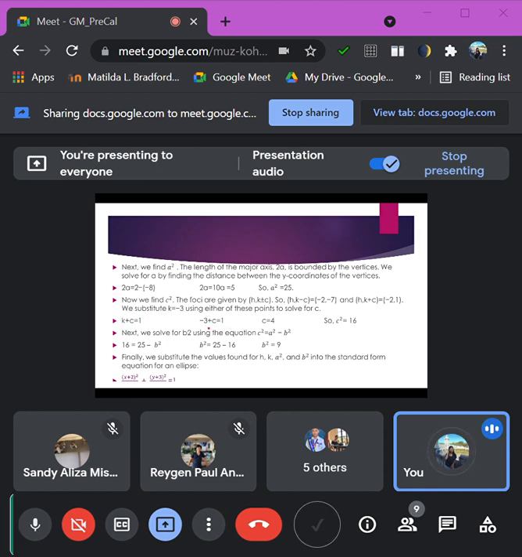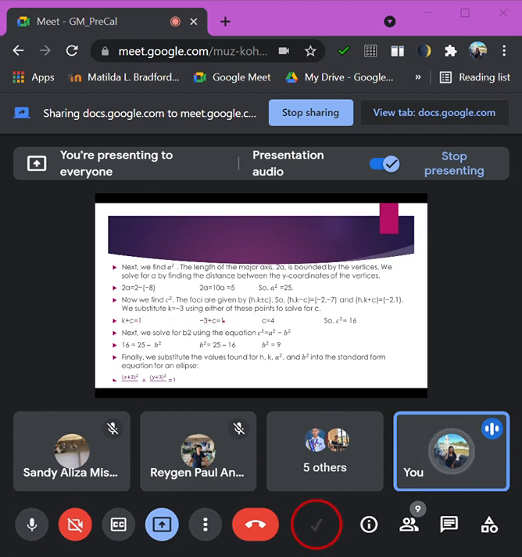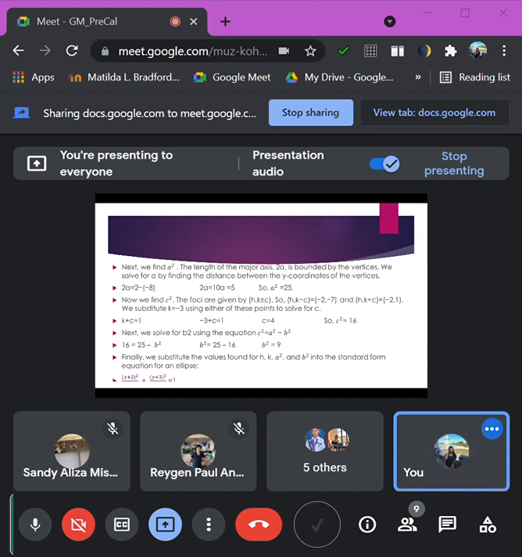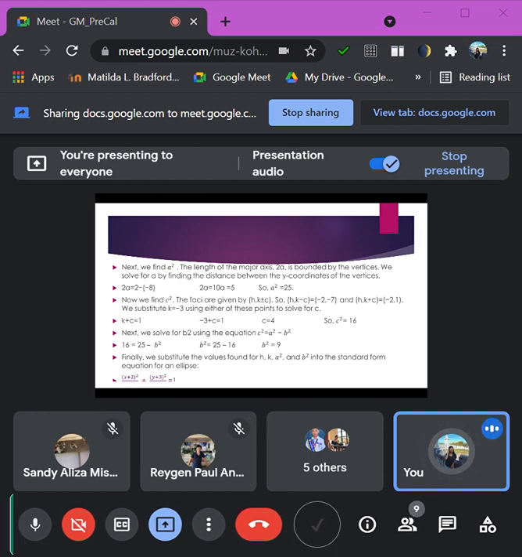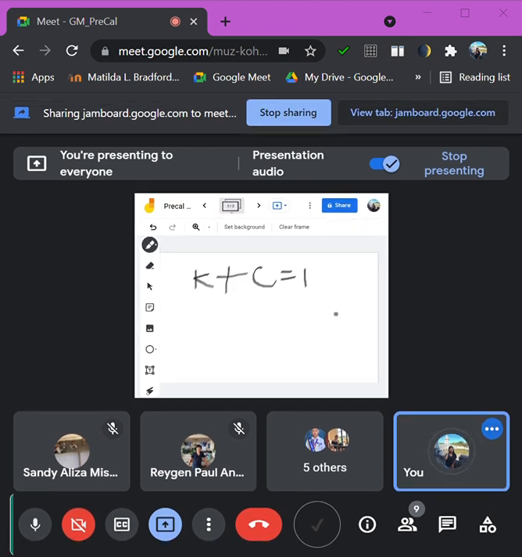And then, i-substitute nimo imuhang K, that is negative 3. And then, i-transpose nimo. So, you will have there K plus C is equal to 1.